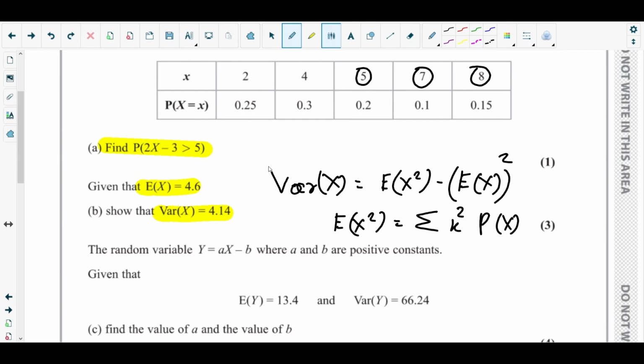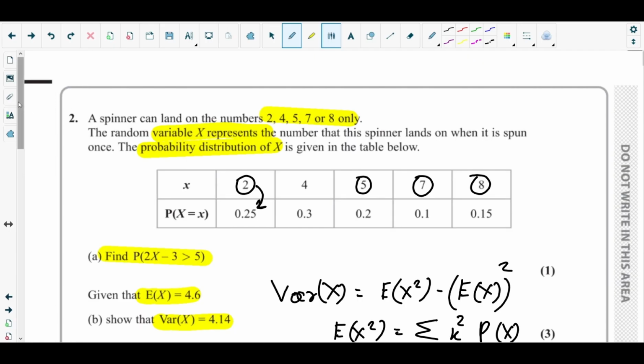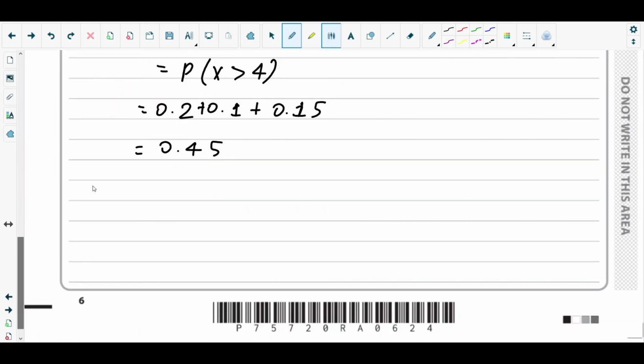That means each of the x values will get squared and multiplied by their respective probability. So let's do that. For part B, we need the expectation of x squared.